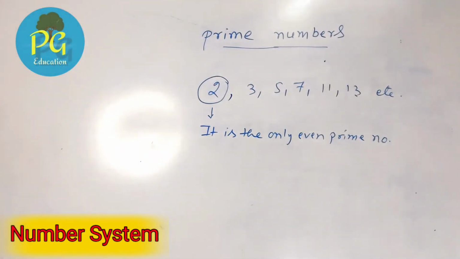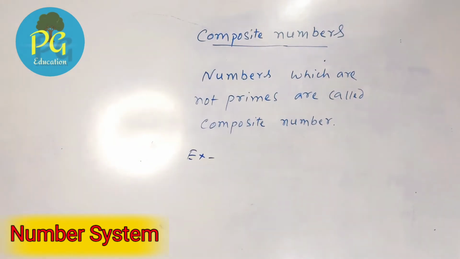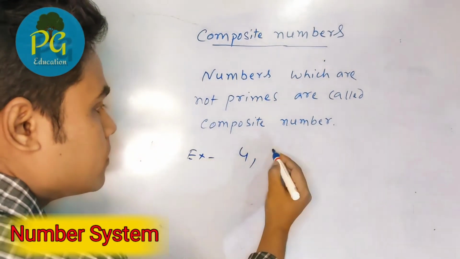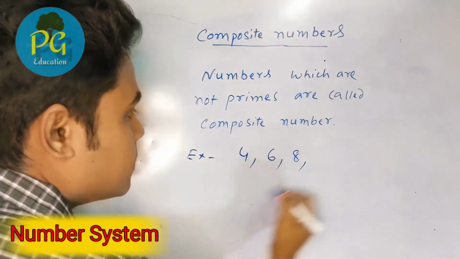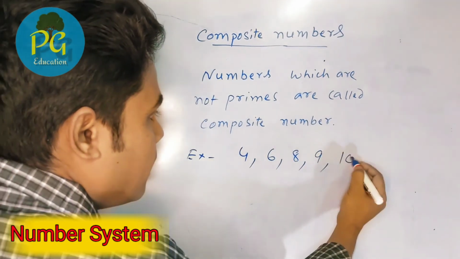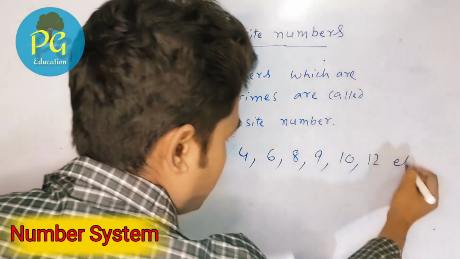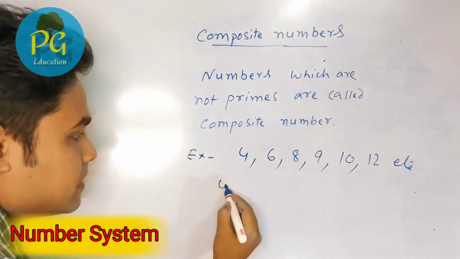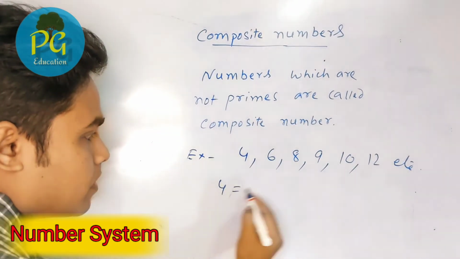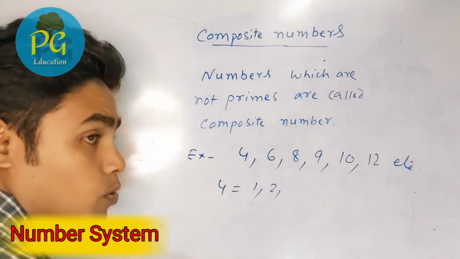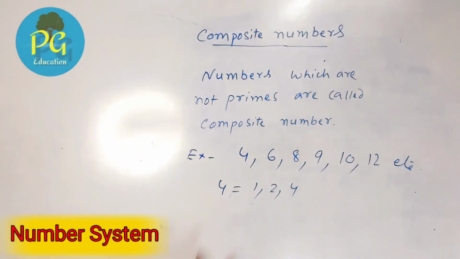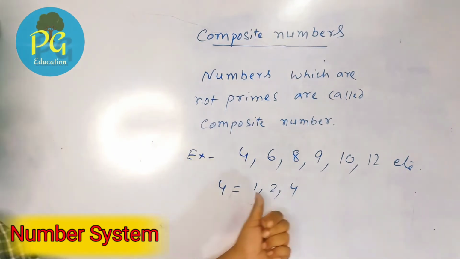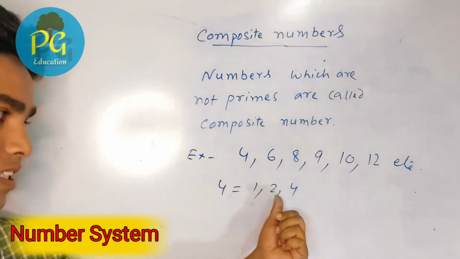Okay. Now, composite numbers. Numbers which are not primes are called composite numbers. Example: 4, 6, 8, 9, 10, 12, etc. So, here you look, 4 has how many divisors? 1, 2 and 4. So 4 has 3 divisors: 1, itself and 2.